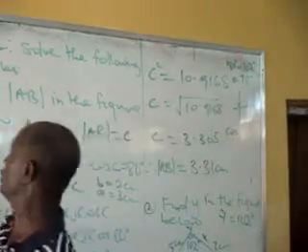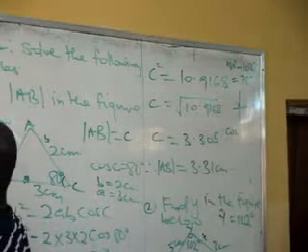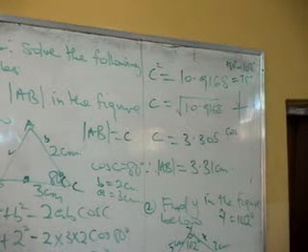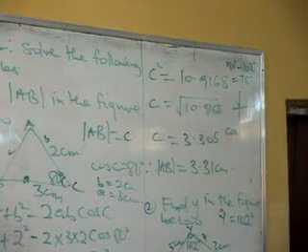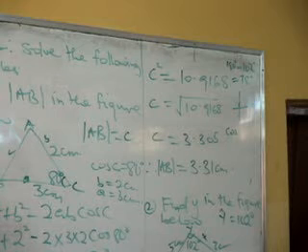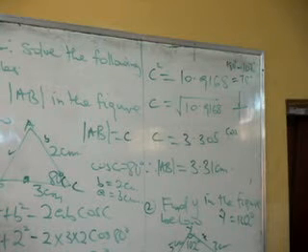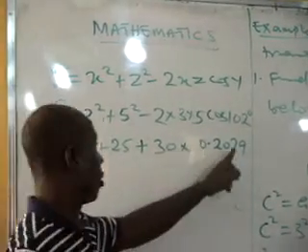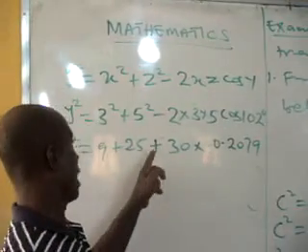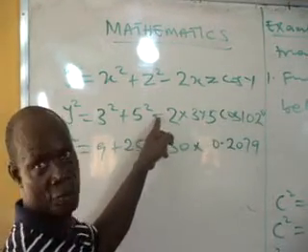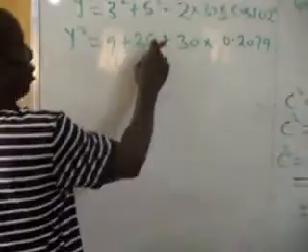But because of the negative at that quadrant, we still put our negative there, and the negative at the back will now change to positive. That's why this one is changing.